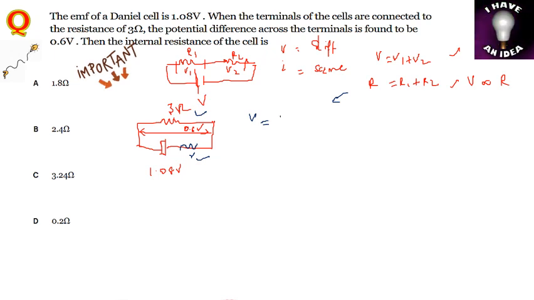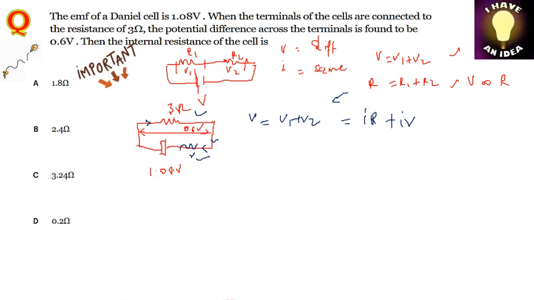So V1 plus V2 here is I into capital R and I into small r. Now we are not sure what the current flowing here is. See, the current will be the same. Whatever current goes to capital R, the same current will go to small r.